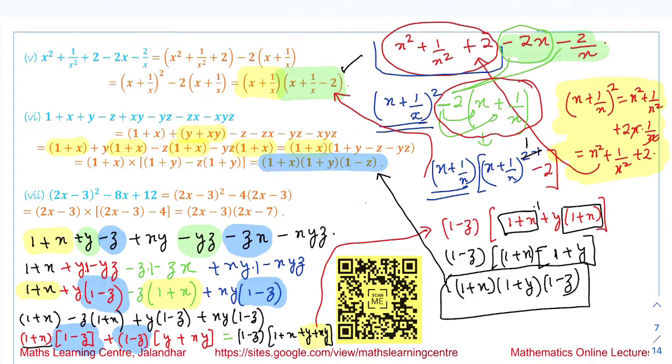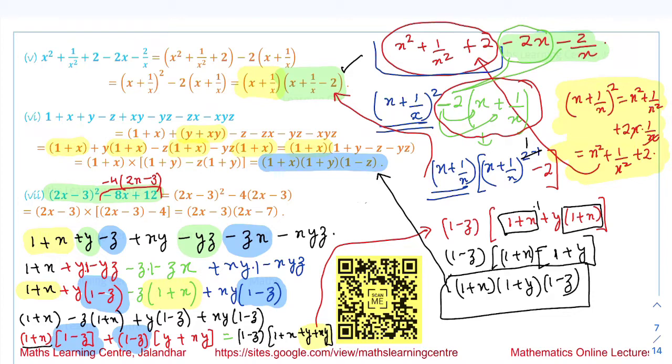Similarly, in the next question, we have 2x minus 3 whole square minus 8x plus 12. So what we see from this is, if we look at the term minus 8x plus 12, we can take minus 4 common, and we are left with 2x minus 3.